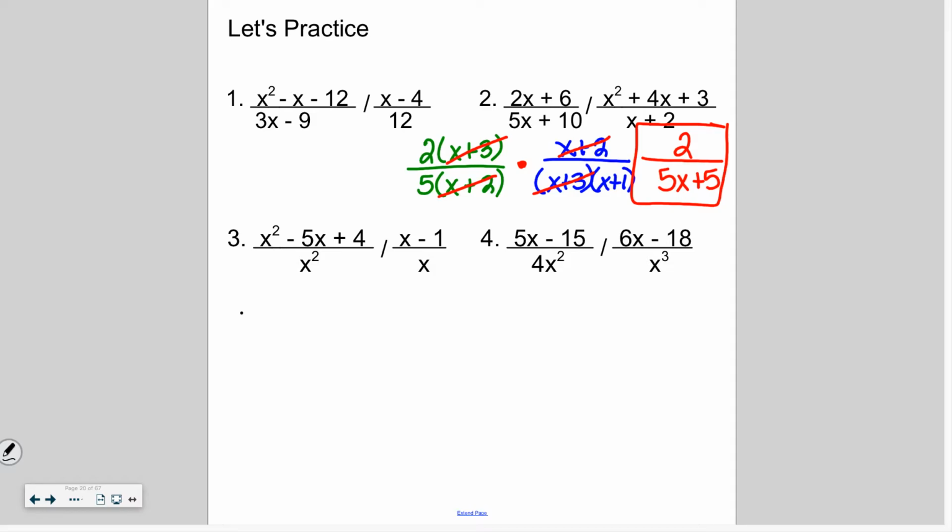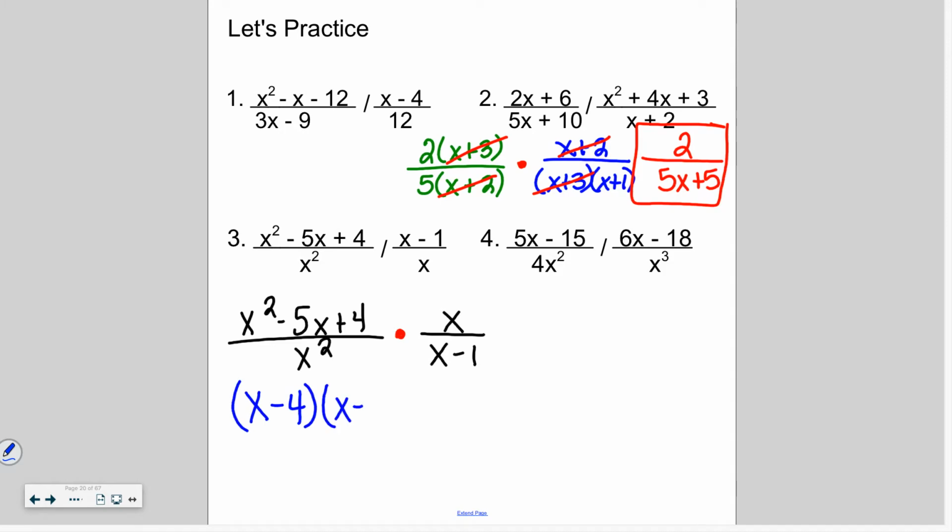All right, so I'm going to have x squared minus 5x plus 4 because I'm keeping the first fraction. I'm going to change it to multiplication, and I'm going to flip x and x minus 1. Now I'm going to factor. So x minus 4, x minus 1 over x squared, multiplication, x minus 1.